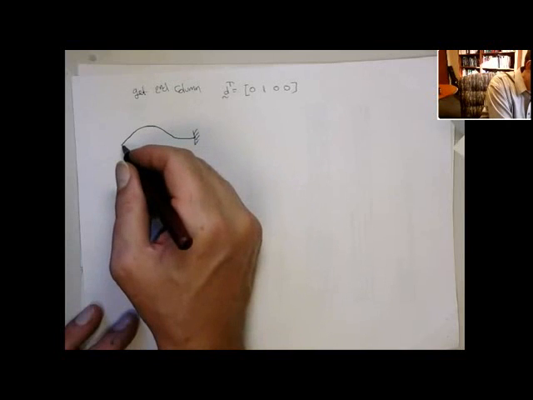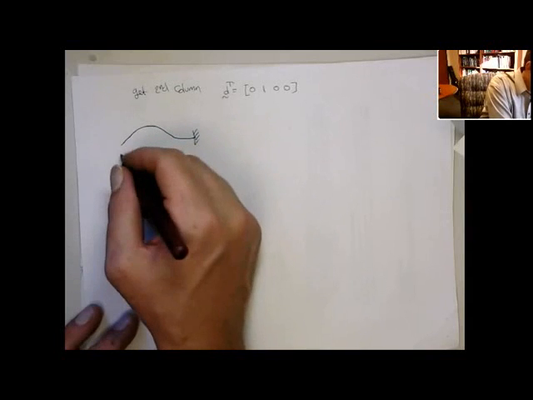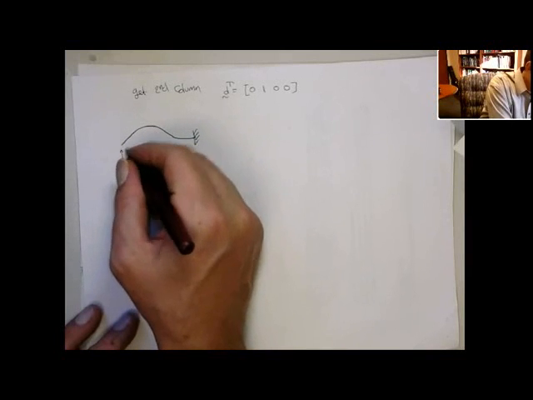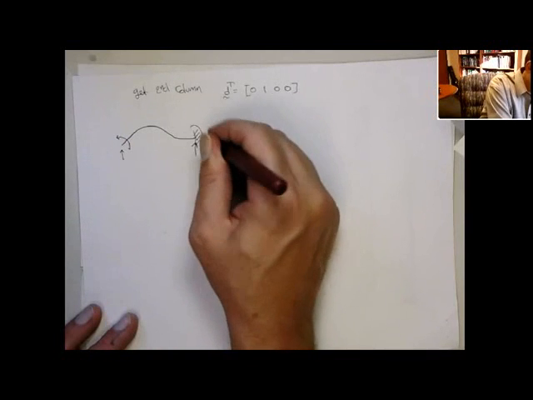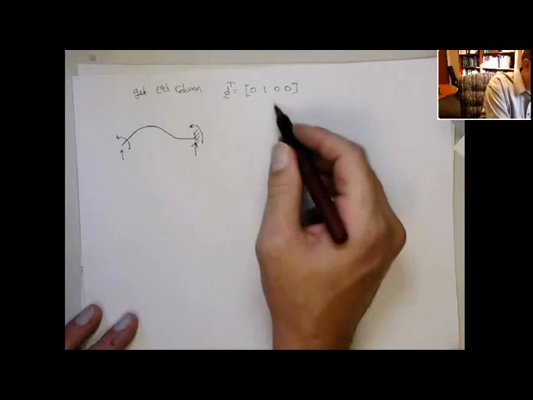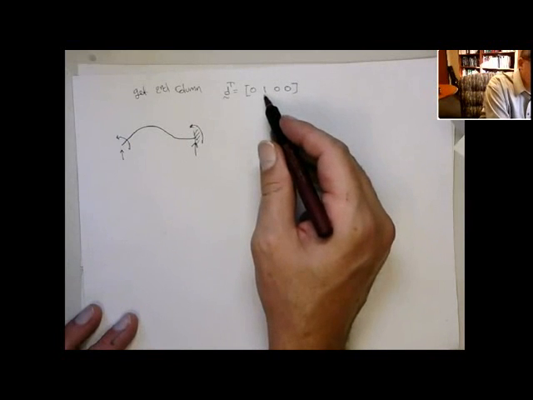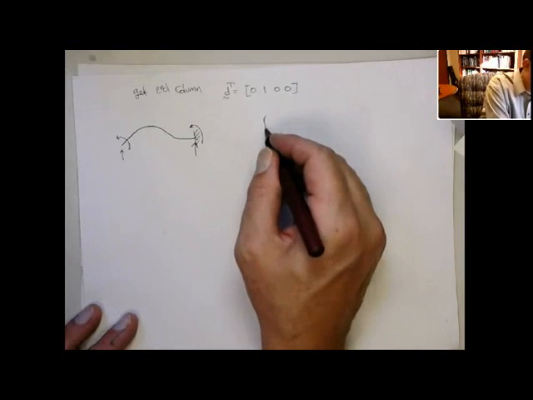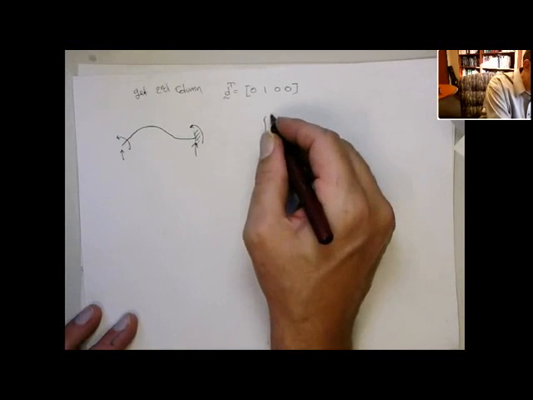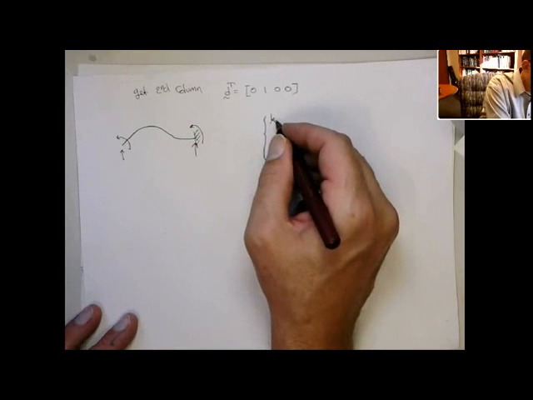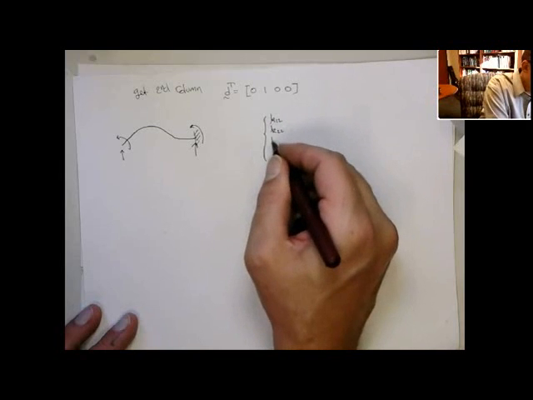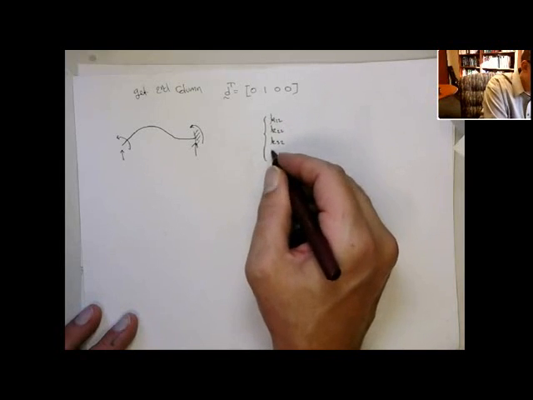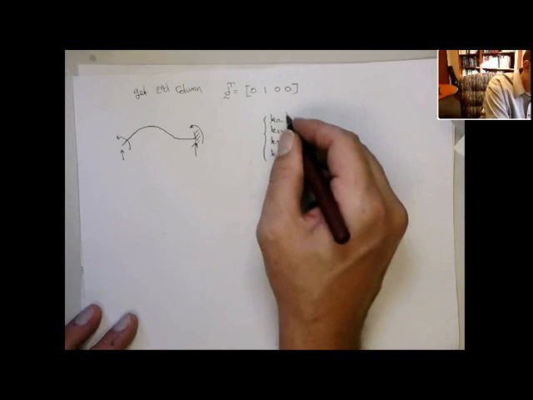Right, so this is what we got. And again, we have a force and a moment here, and also a force and a moment here. So when I put this in and multiply it by the stiffness matrix, I just extract the second row, which is K1,2, K2,2, K3,2, and K4,2.